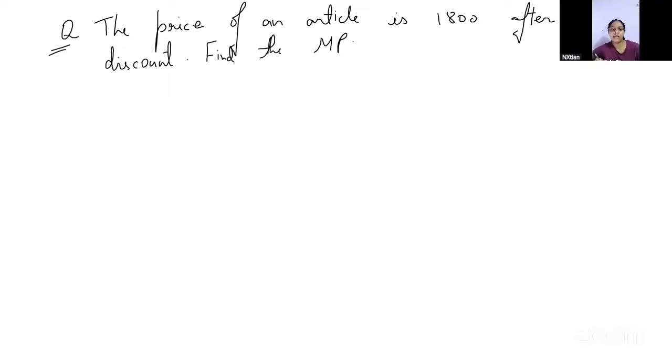If we have 10% discount of market price, we can set up this equation: market price minus 10% of market price equals 1800.